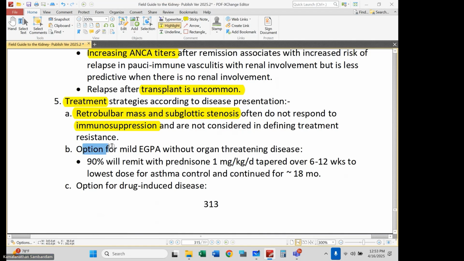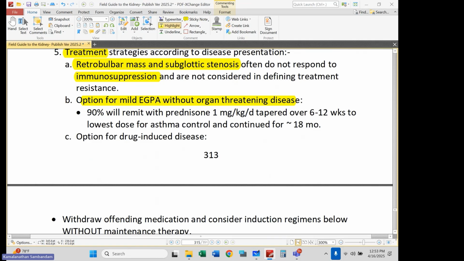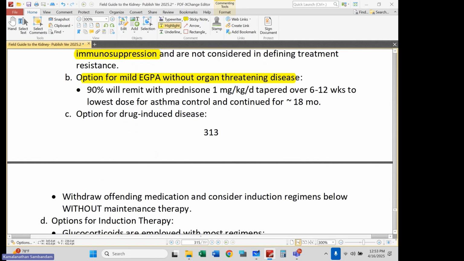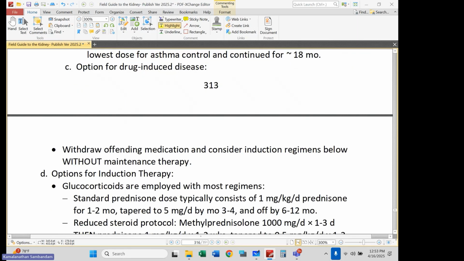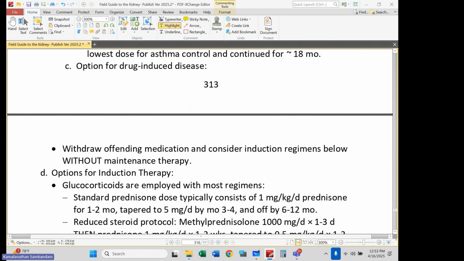Now, if I have a patient who has mild EGPA without organ-threatening disease, so these are not patients that we see. Once they have renal involvement, they have by definition organ-threatening disease. But just for larger context, so you know what your rheumatologists are doing, I provide this information that steroids might be sufficient in some of these presentations of EGPA without organ-threatening disease. Again, that's not your world.